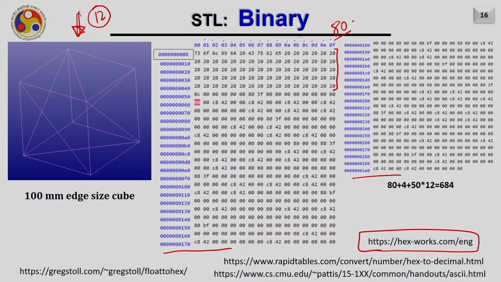Then after that, like I said, 4 bytes are used to represent the number of triangles. So, 0C in hexadecimal, if you convert this hexadecimal 0C 00 00 00 to decimal, you will find that it is nothing but 12.